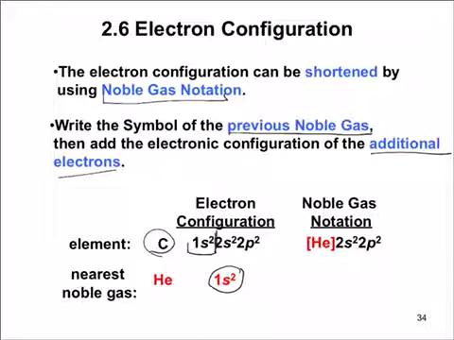So really, that and that are the same thing. So I can put helium symbol in brackets and then fill out with the rest of the electrons. Helium 2s2, 2p2. Wow, that is not really a shorthand for that. But for other elements, it is quite a shorthand.